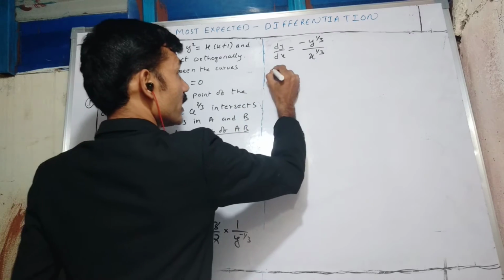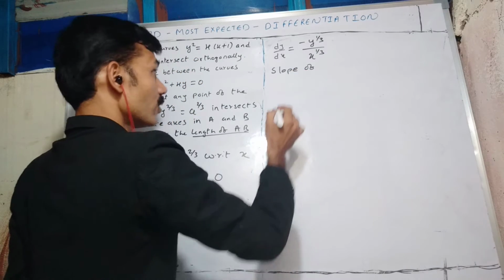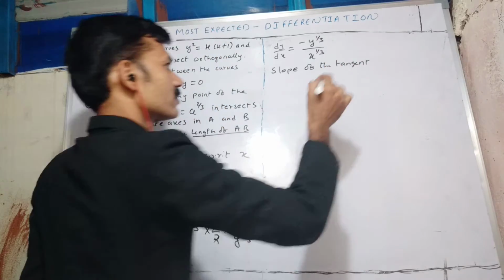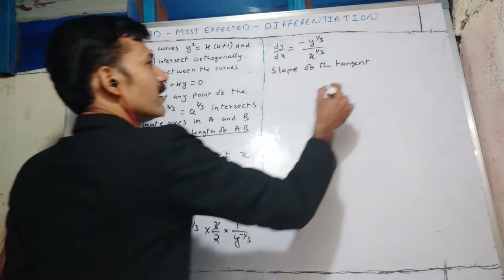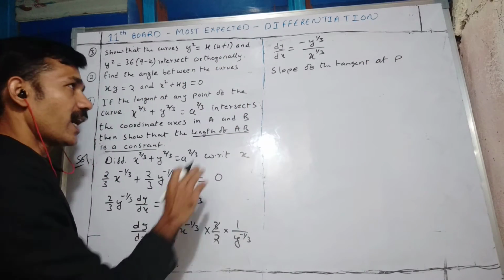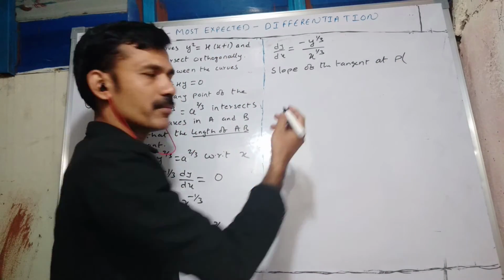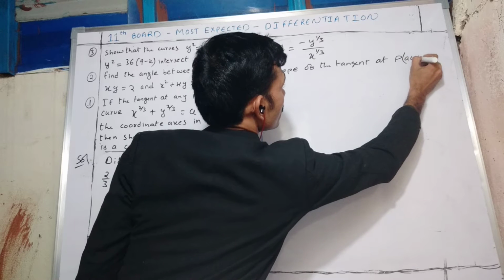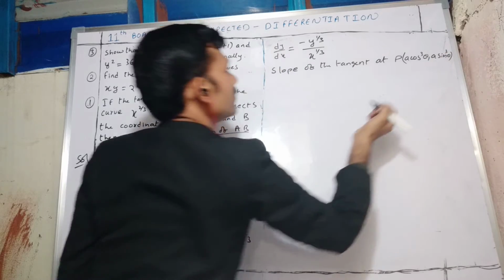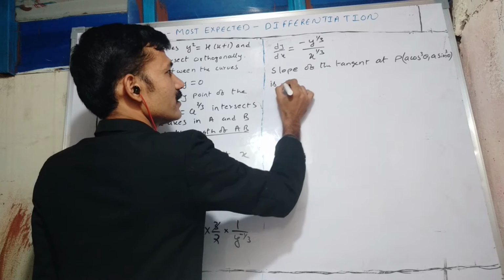So we have to find the slope. The slope of the tangent to the curve at P. See, for P we can take the parametric form: a cos^3 theta, a sin^3 theta. We will take that and find the slope.